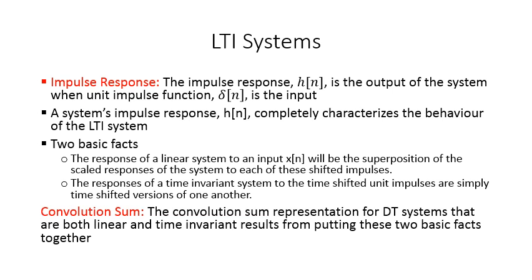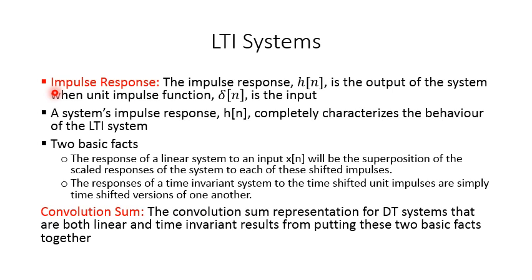In the case of an LTI system, we say the impulse response is the thing which can describe the whole LTI system. If we know the impulse response, we can completely characterize the behavior of the LTI system. So we have two basic facts.